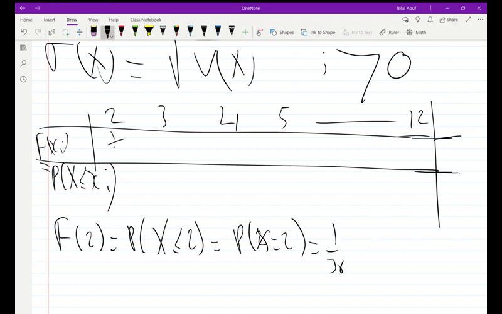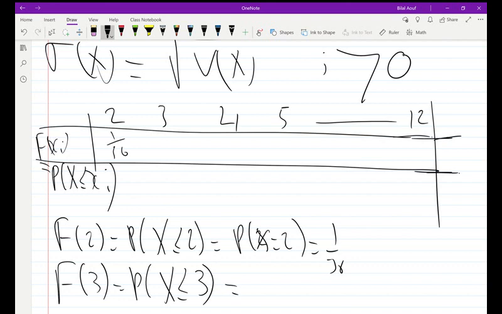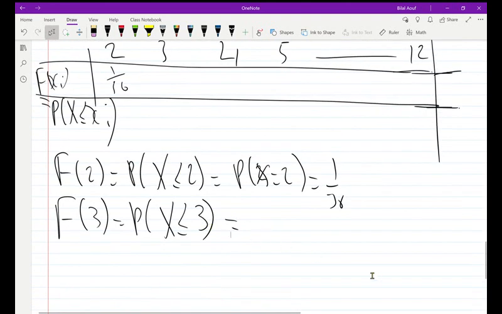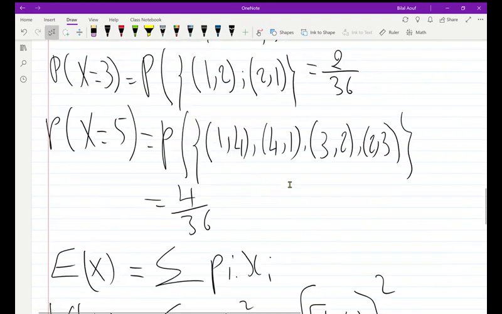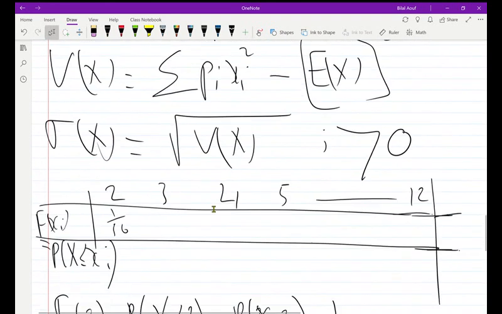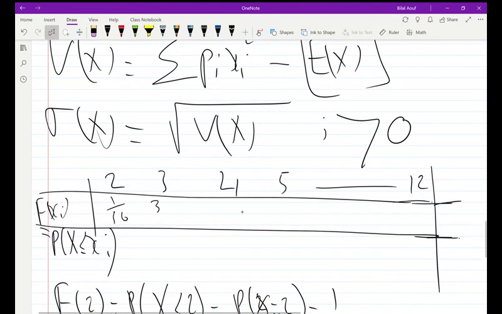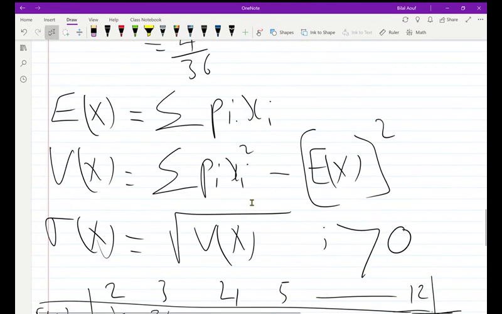F(3) is the probability of X less than or equal to 3. What are the values less than or equal to 3? I have 2 and 3, so it's the probability of X equal 2 plus the probability of X equal 3. So it's 1 over 36 plus 2 over 36, which is 3 over 36.